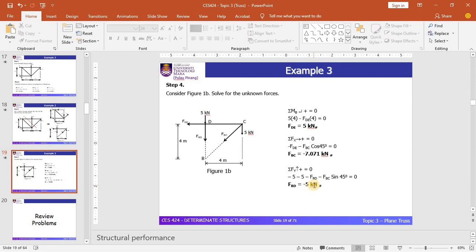You can see that this method is very simple for solving the internal forces that we want to concentrate on, without solving for the entire set of member forces. That's it for this session.